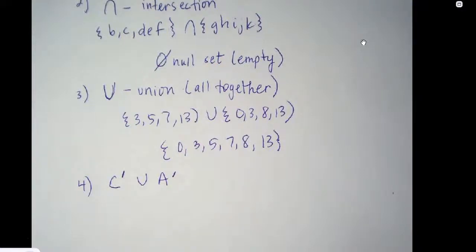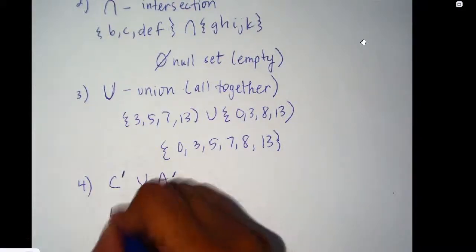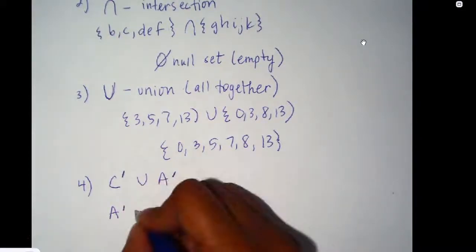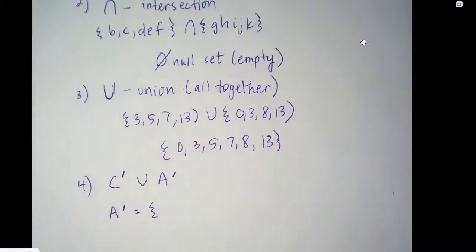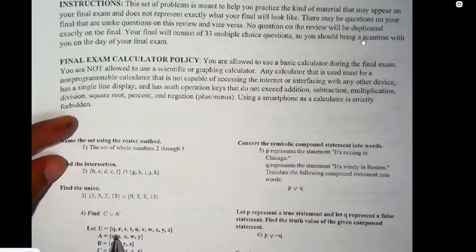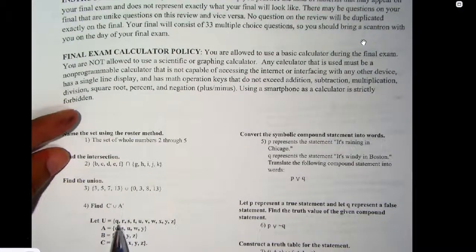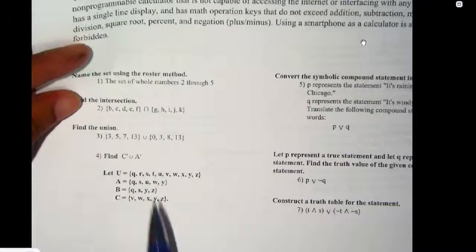I forgot how these go, but for the A complement, what you want to do is look at the universe, and I'm going to just show the paper for a second. So we look at the universe, and the universe has all of the following letters: Q, R, S, T, U, V, W, X, Y, and Z.